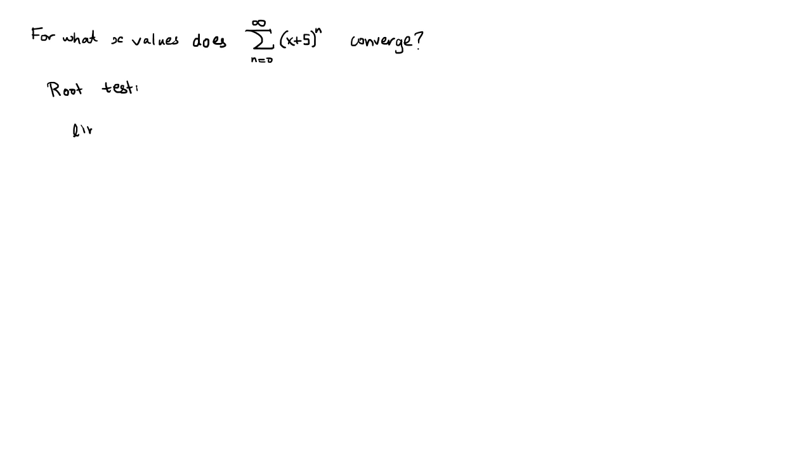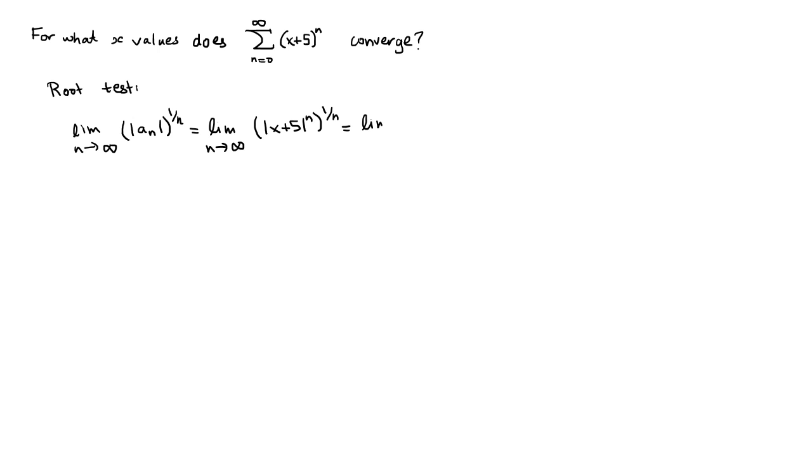So we are going to take a look at the limit as n goes to infinity of the nth root of the absolute value of a_n. So this is going to be the limit as n goes to infinity of the absolute value of (x plus 5)^n that we're going to raise to the 1/n power.